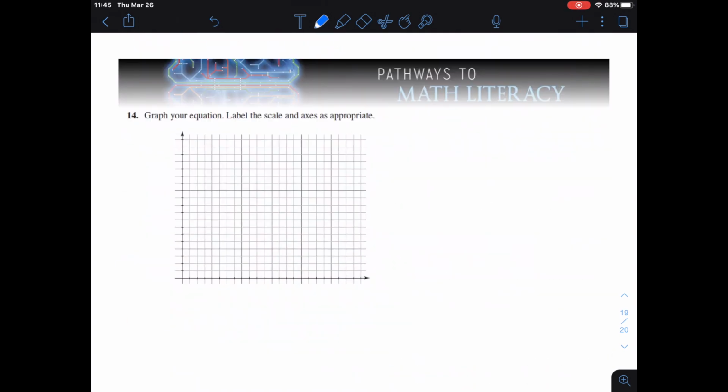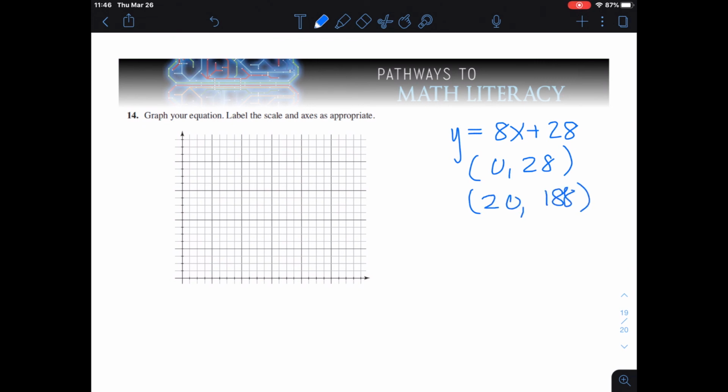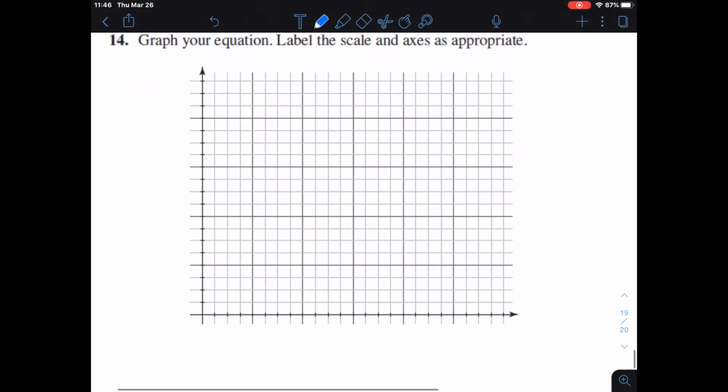So let's go ahead and graph this equation. We've got y is equal to 8x plus 28. We have the 2 points. You go through (0, 28) and when you sell 20 shirts, it's $188. So let's keep it kind of simple. On the x-axis will be the number of shirts.